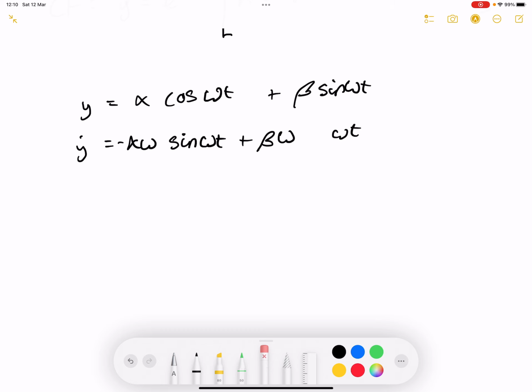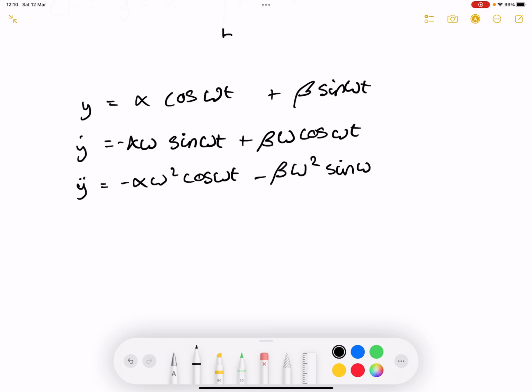And y double dot is going to be minus alpha omega squared cos omega t, and minus beta omega squared sine omega t.